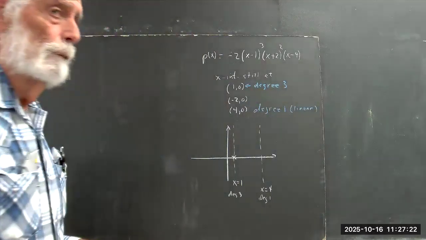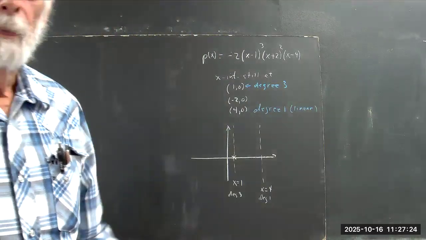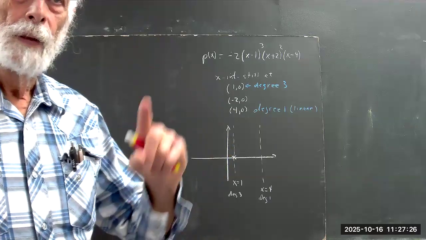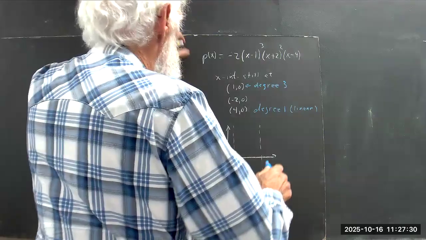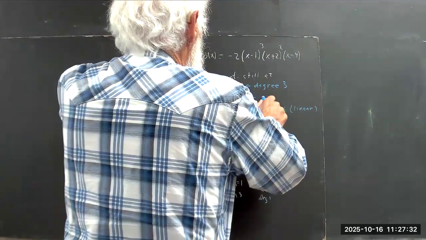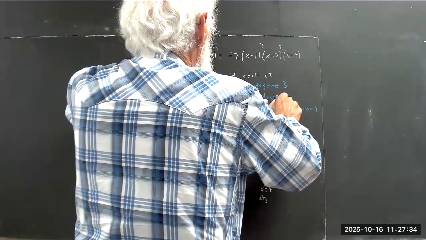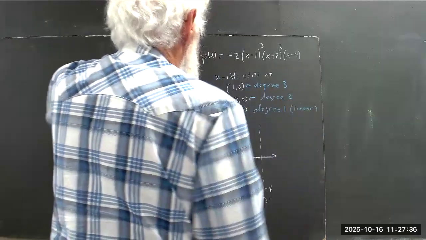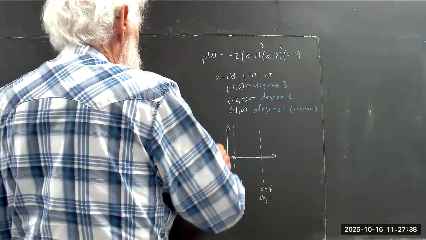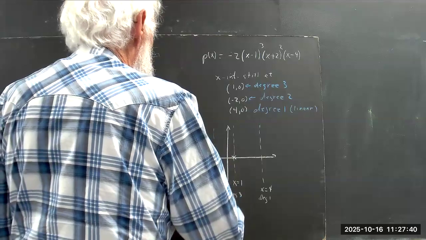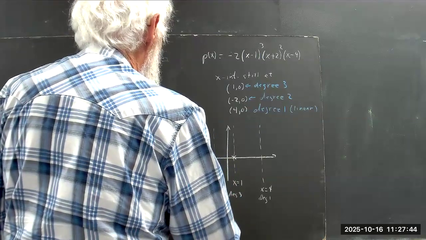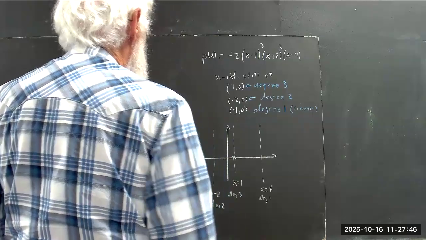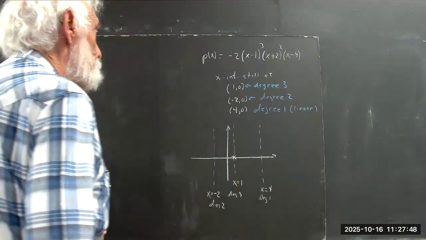And that's linear. Y equals mx plus b has degree 1. Highest power of x is 1. And at -2, the degree is 2. Long run.